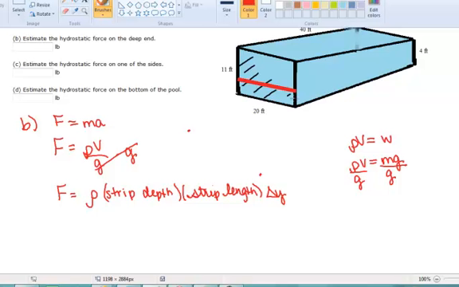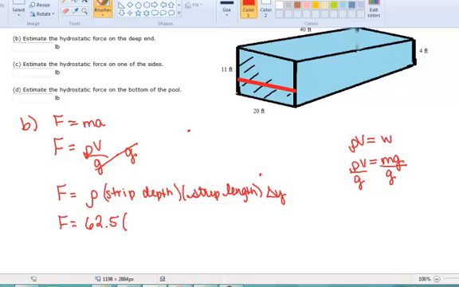For one of these end faces, these end walls are rectangular and the length is always the same. So the length is just always 20. And so our rho was 62.5.